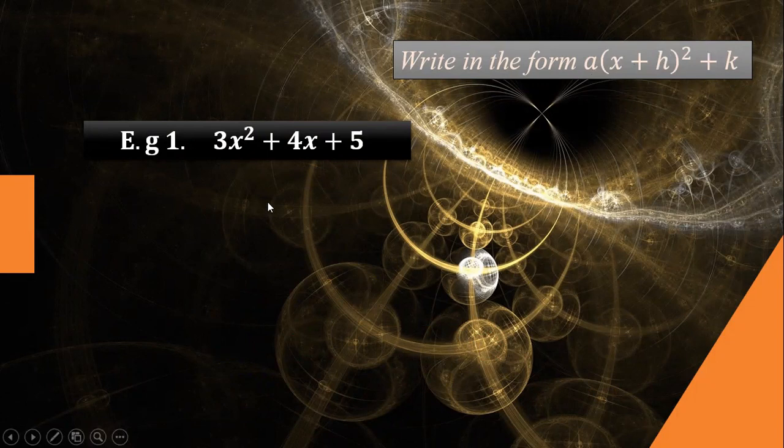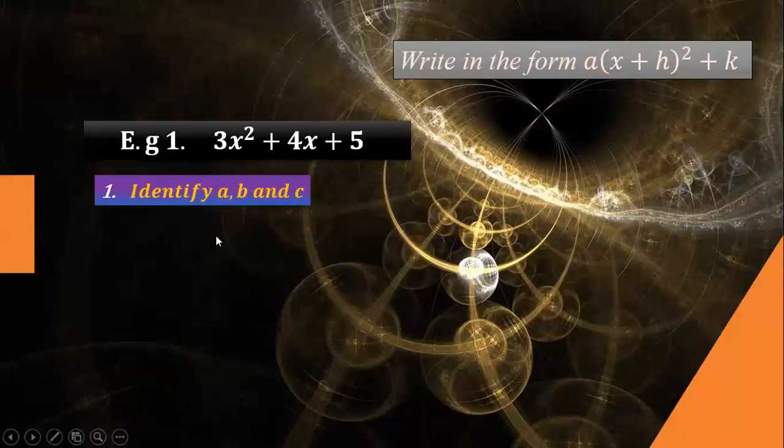All right, so the first method point is going to be identify a, b, and c. a is the number, not the first number, very important, because the x² term can be anywhere in the expression. a is the number on the left-hand side of the x² term. In this case, the number is 3.